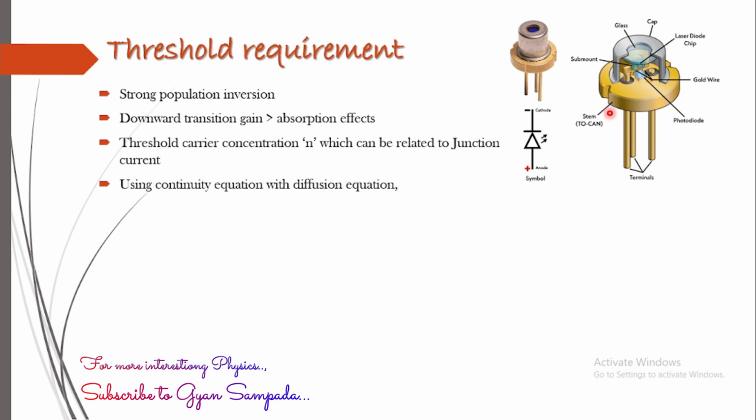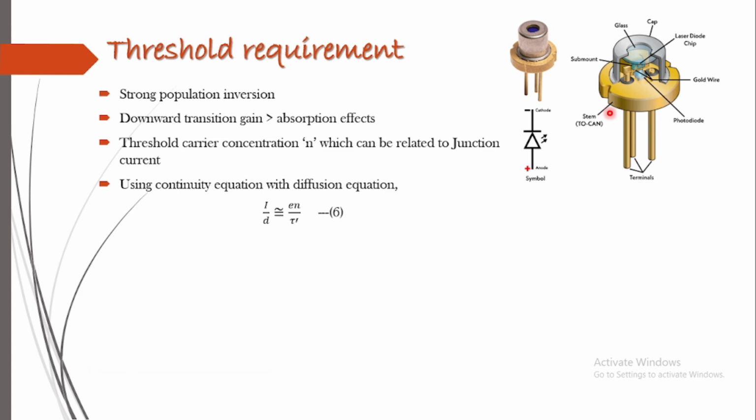And by using the equation of continuity with the diffusion equation, we have I by D approximately equal to eN by tau dash. So here D is nothing but the width of the active region, that is the depletion region where inversion takes place and laser light is going to get emitted, and tau dash is the carrier recombination time. N is the threshold carrier concentration, I is the junction current.